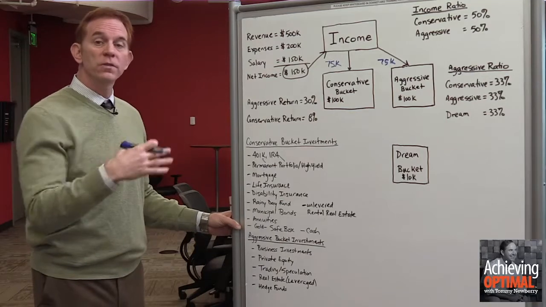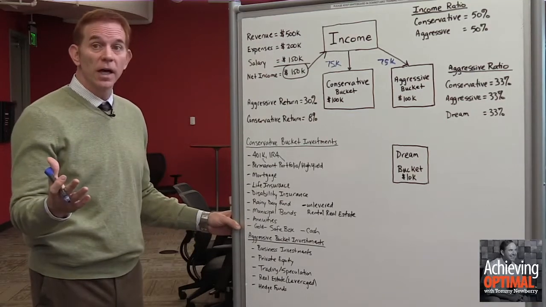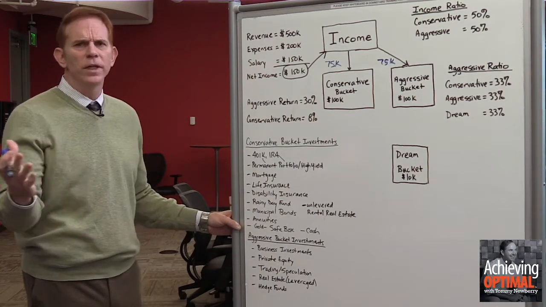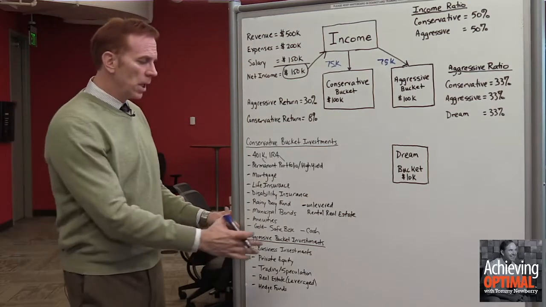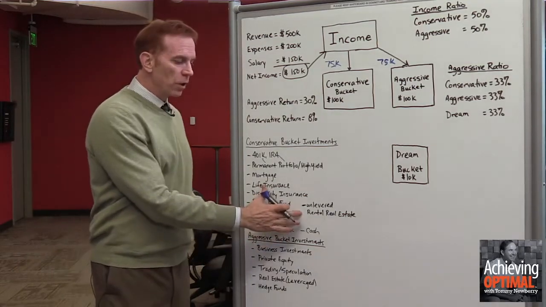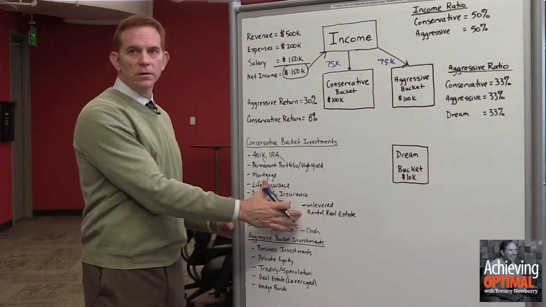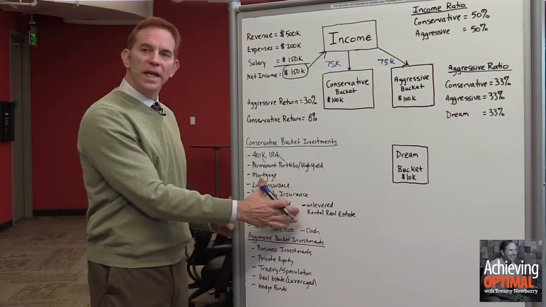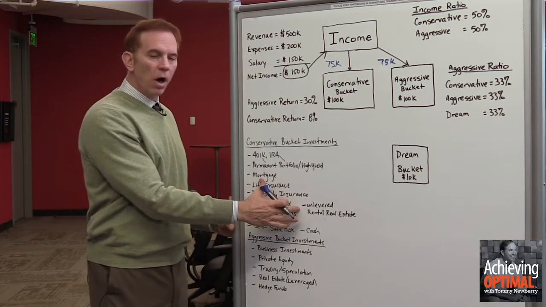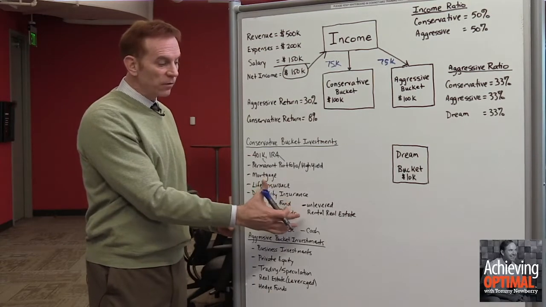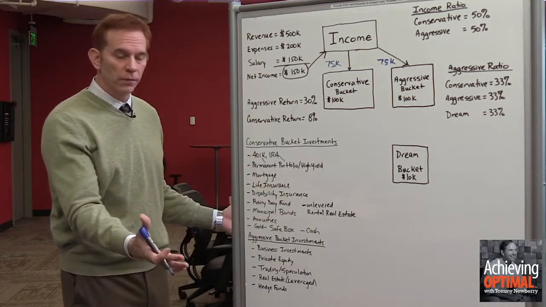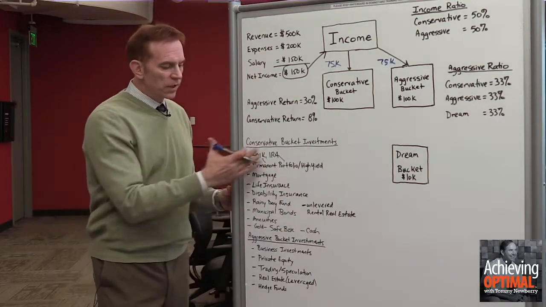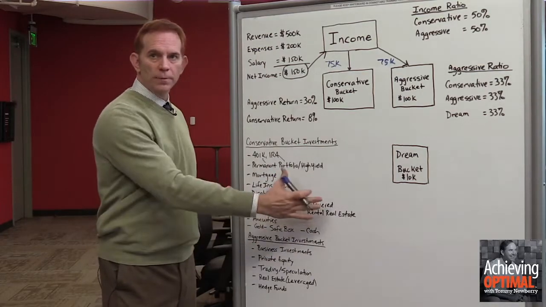You go back to Greece 2-3 years ago, you couldn't get cash out of an ATM in Greece, max of $40 a day equivalent. Also, another thing that could go here is actually unlevered real estate. What that means is that if you bought a house or an apartment building and you paid cash for it, that's going to kick off a rate of return, and it's safe because the building is paid for in full. Okay, so this gives you an idea of what could go in this bucket.